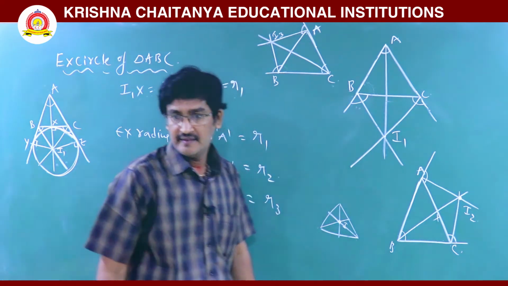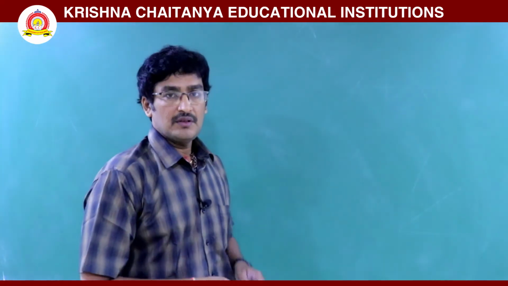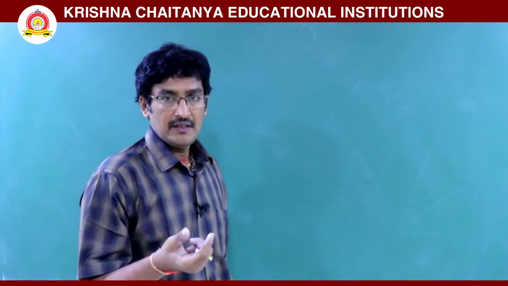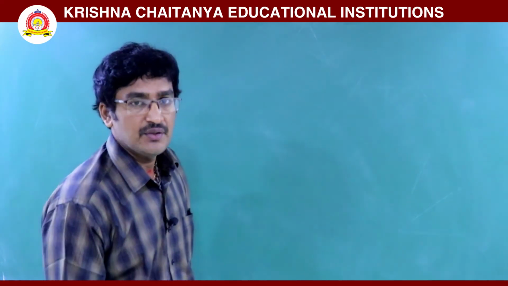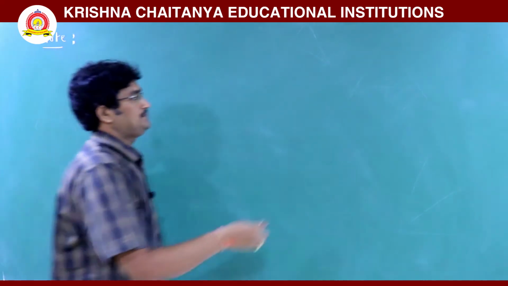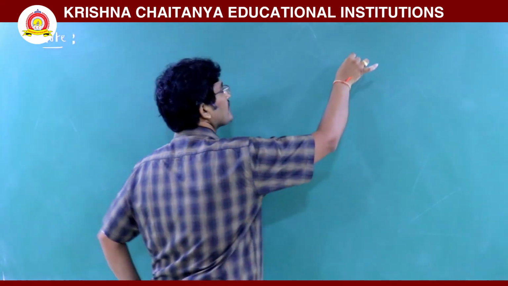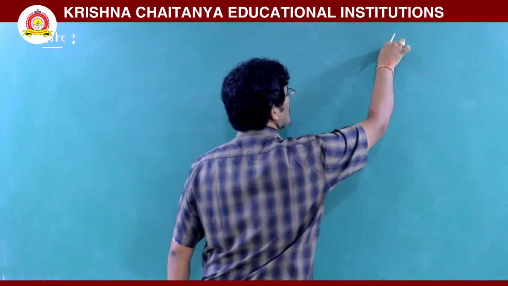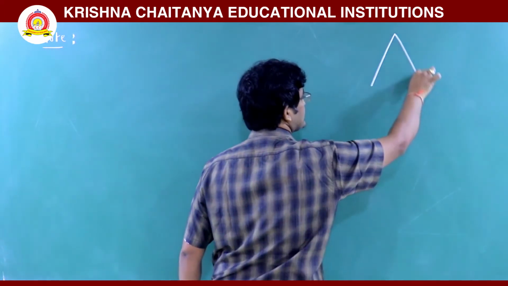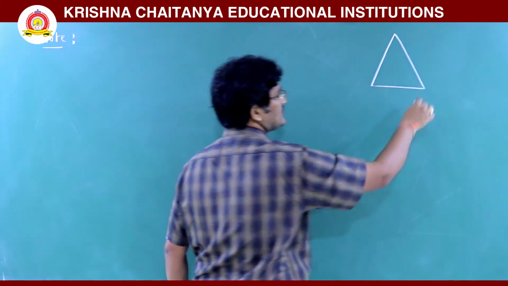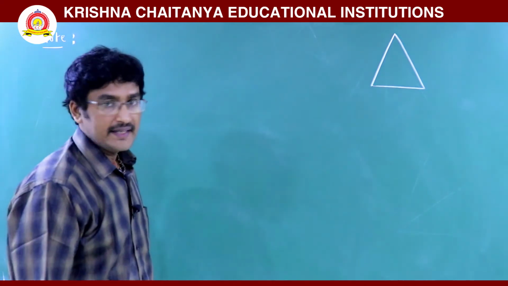Let me explain one more conceptual point on the excenter of triangle ABC. See here. It's a triangle ABC, you know. Listen to me carefully, please.